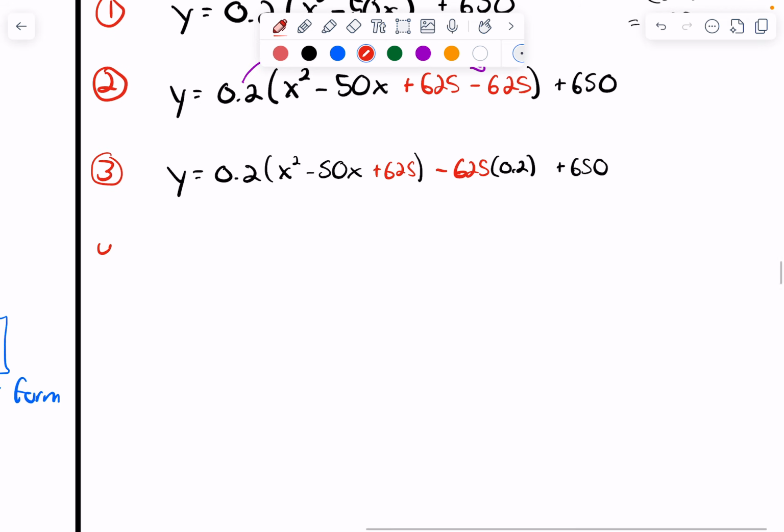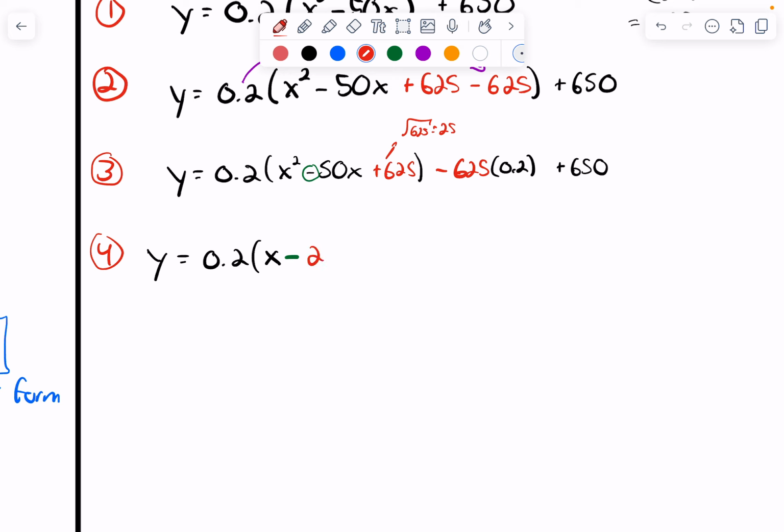Step 4, your perfect square. So y is 0.2, x squared minus 50x plus 625 becomes x, and this right here is a negative, so negative, and the square root of 625 is 25 because we just did that math before.